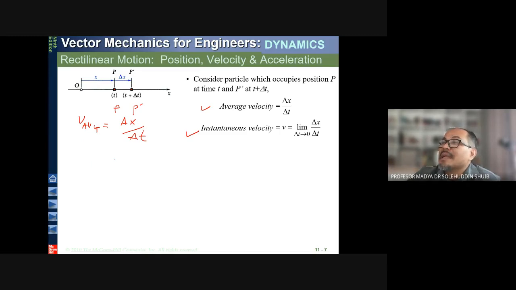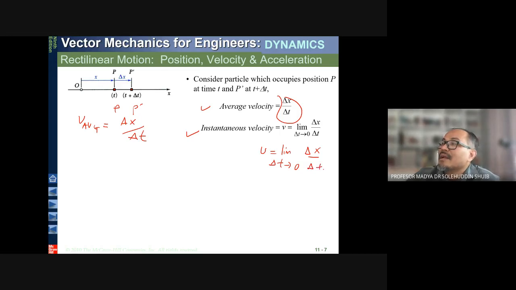So how about instantaneous velocity? Okay, so instantaneous velocity basically you can find the limit of this one. Okay, so limit as delta t goes to 0, so you differentiate this one, limit, which is delta x over delta t.